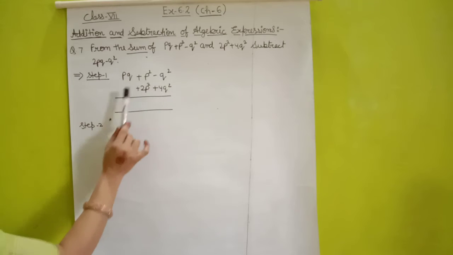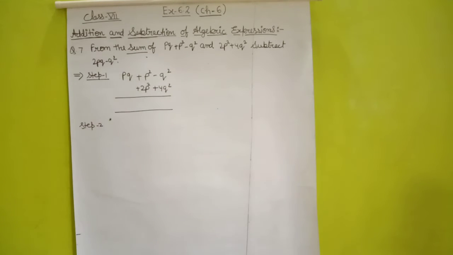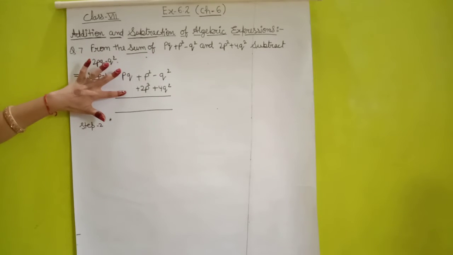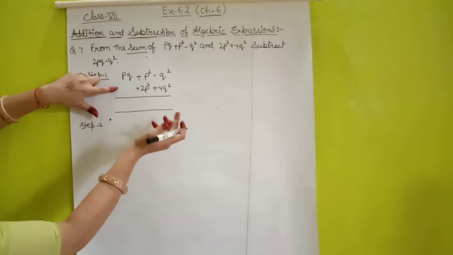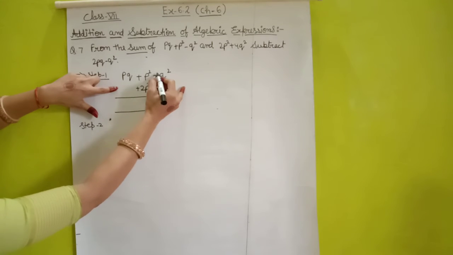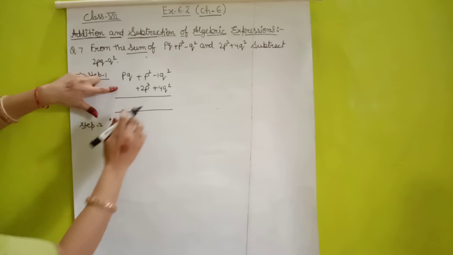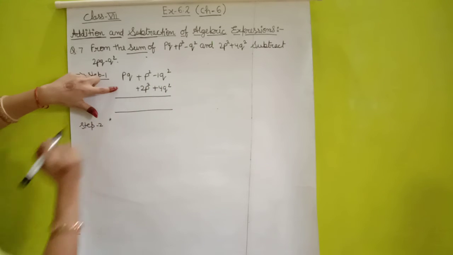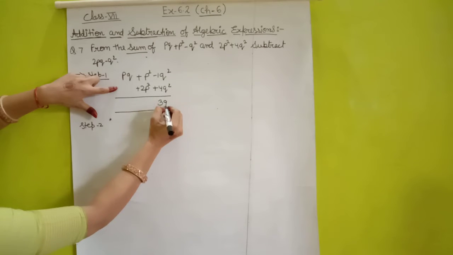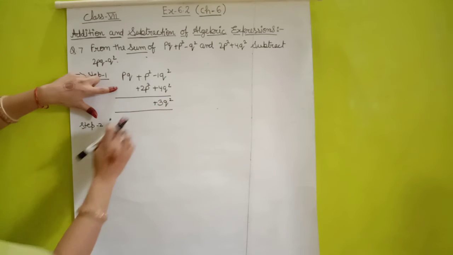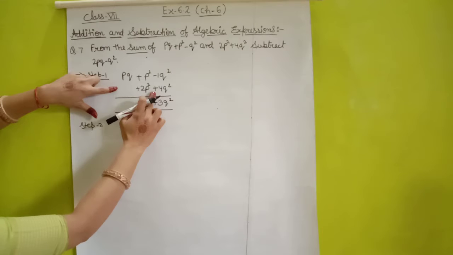So here I have written these two terms in the column method. In pq nothing is given in that term, so this space is vacant. Now we will add minus q square. This is 1q square and 4q square. Minus plus will be minus. 4 minus 1 is 3q square with plus sign, because 4 has the plus sign.